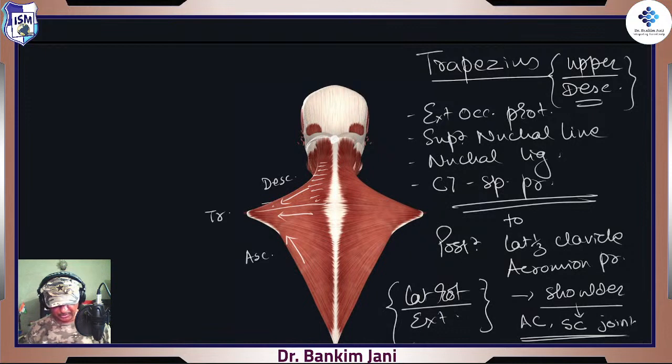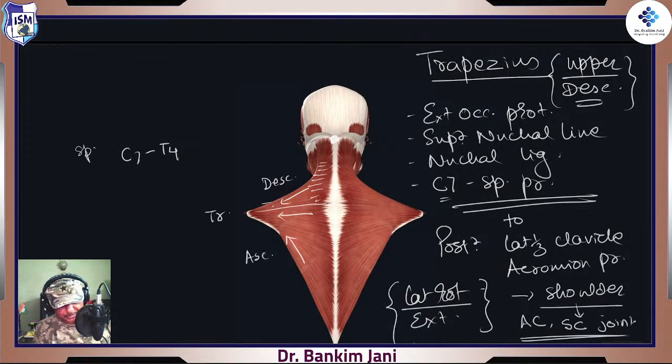Now, as we are talking about the transverse fibers, not transverse process, transverse fibers: here it was C7, for the descending fibers. Over here it starts with C7 and goes all the way up to T4.